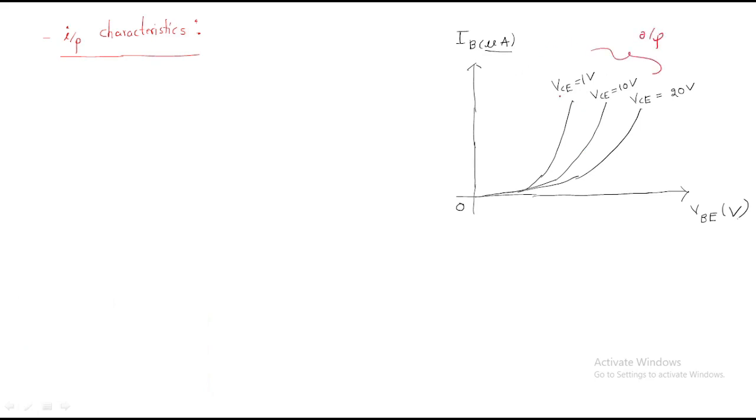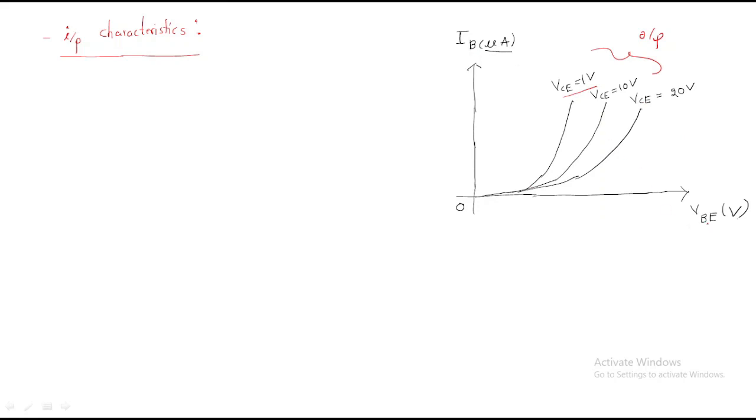First we take three types of output voltages. The first output voltage is VCE equal to 1 volt. For that, the curve between input voltage and input current follows this curve. For the second case, we take 10 volts, and the curve follows this. So these are the curves we get. If we keep increasing, the current value increases.